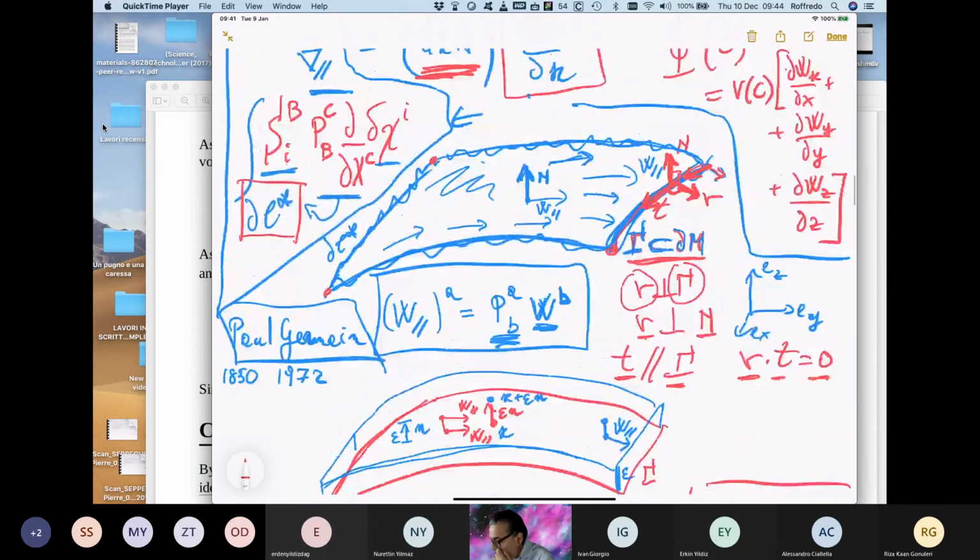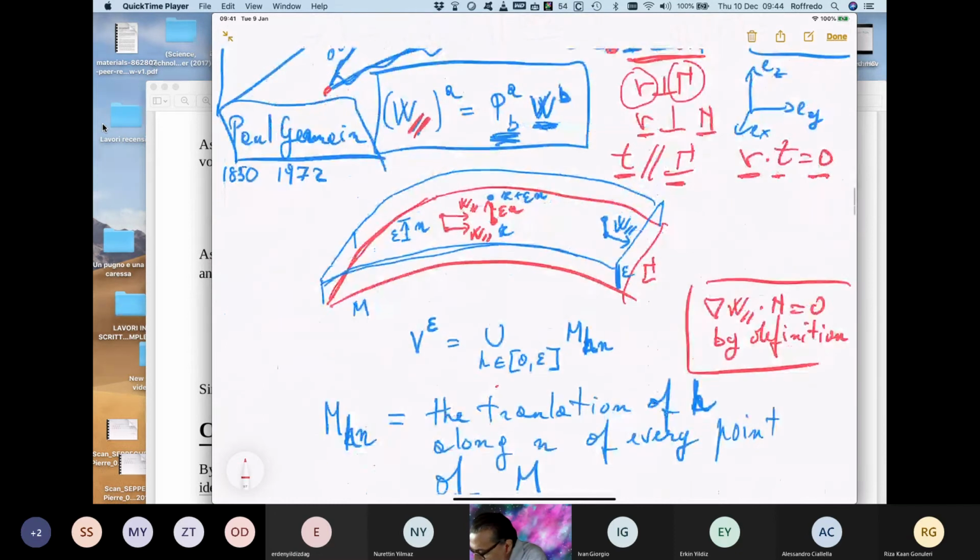Now we want to invent an integration by parts on the surface when parallel vectors W are involved. Okay, now which is the trick? Now, don't ask me why I know this. For sure, I did not invent this reasoning.